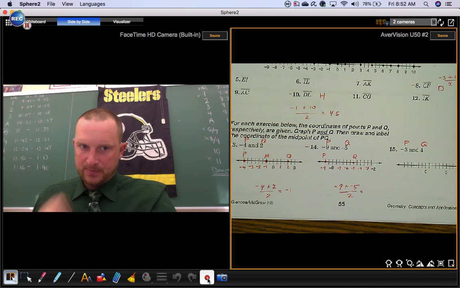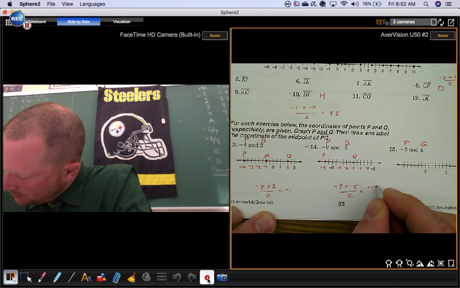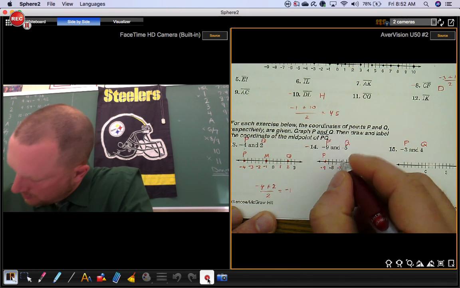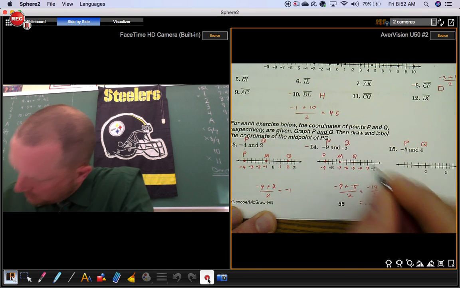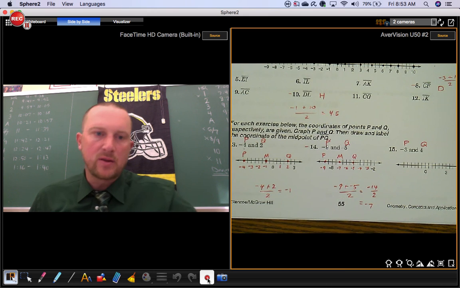Let's average. So your midpoint lives at the coordinate -7.